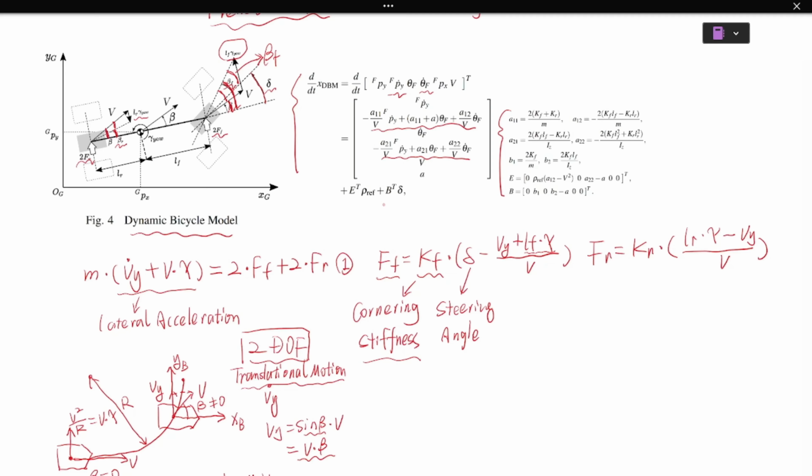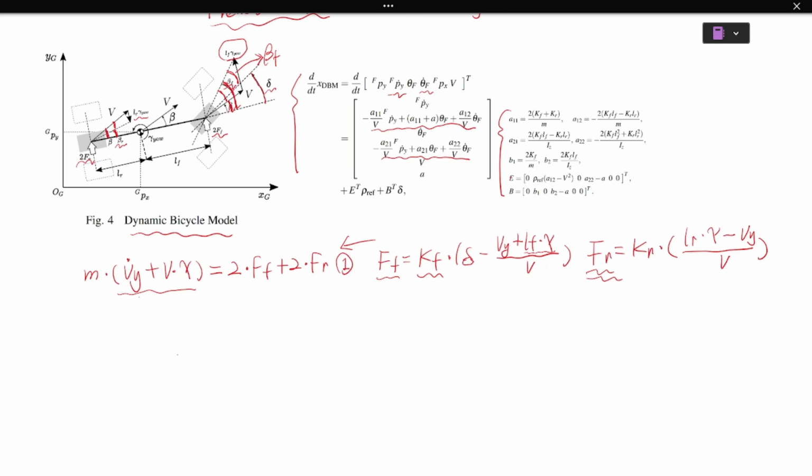Combine, replace FF and FR into equation 1.